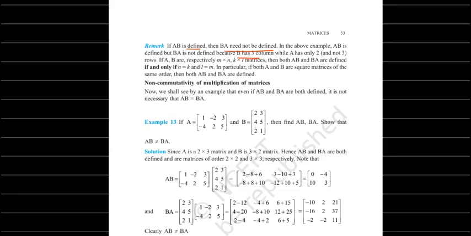If A and B are respectively M into N and K into L matrices, then both AB and BA are defined if and only if N is equal to K and L is equal to M. In particular, if A and B are square matrices of the same order, then AB and BA are defined. See, what they were saying is, here you can say this is a 2 into 2 matrix.